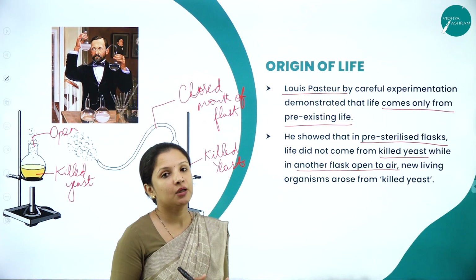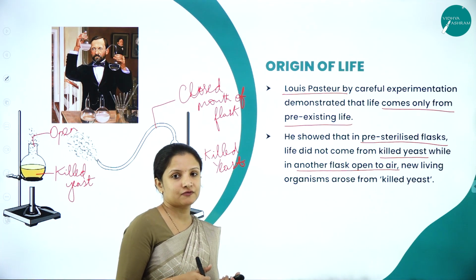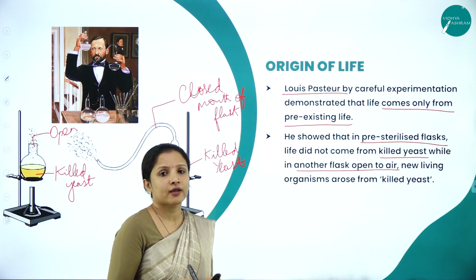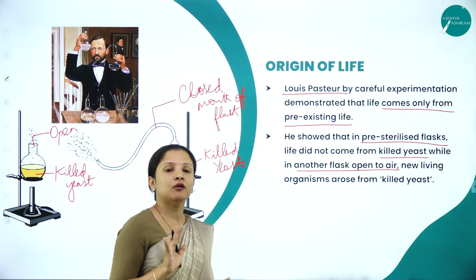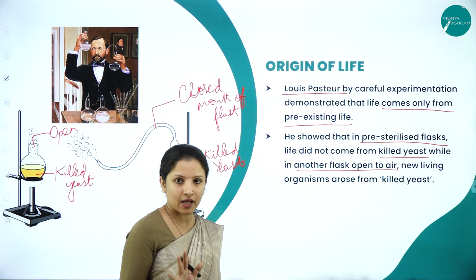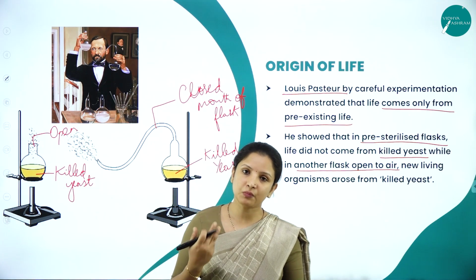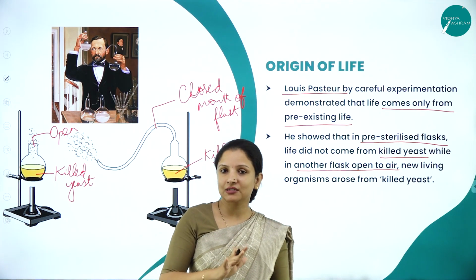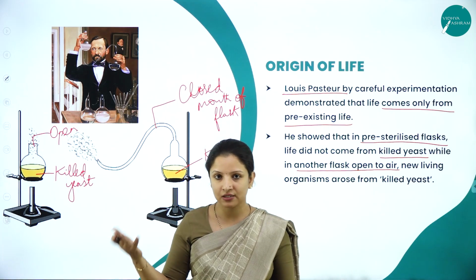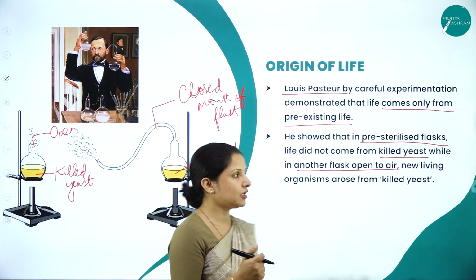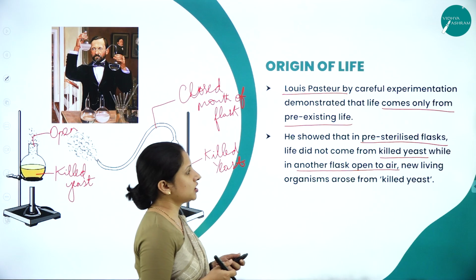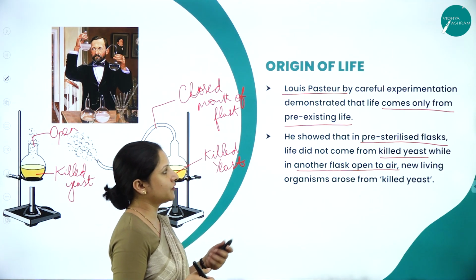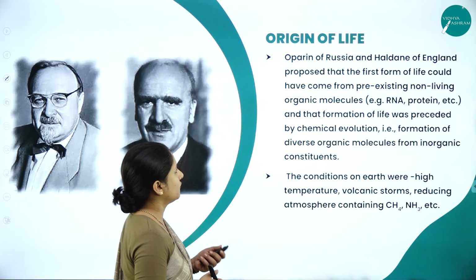So that is when he proved that life exists from pre-existing life forms. That is also not entirely true, because from any organism that is dead, new life forms cannot arise. If the yeast multiplied, then we can say that from the pre-existing yeast itself, new generations of yeast develop. But this was a different theory that he gave up. So Louis Pasteur did this experiment to prove that life exists from pre-existing life forms.